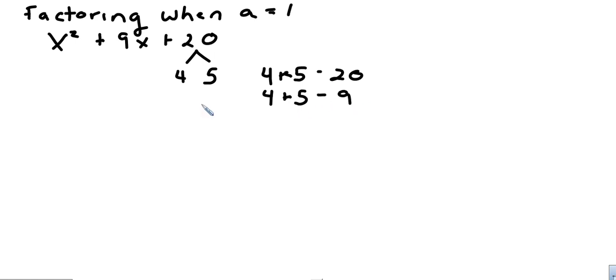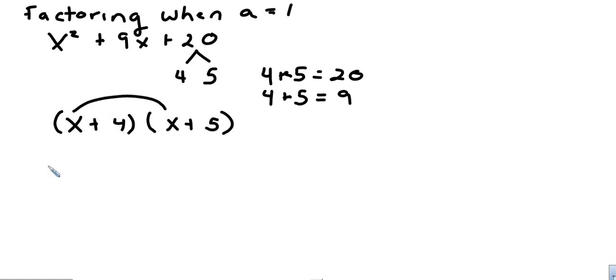So since I know that we are talking about a equal to 1, I can simply take those two factors and factor this quadratic as x plus 4 times x plus 5. And I'm done. I have factored my quadratic. If I want to check that, the easiest way to do that is to simply FOIL my binomials back out.